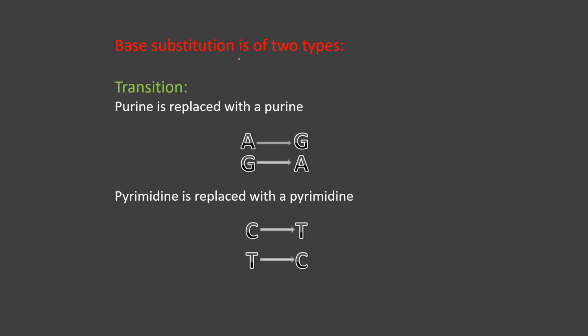Now, it mentions here that substitution is going to be of two types. You can have a purine that is replaced with another purine, okay? So adenine can be replaced by guanine, or the other way around, sorry. Or you can have a pyrimidine, which is replaced by another pyrimidine.